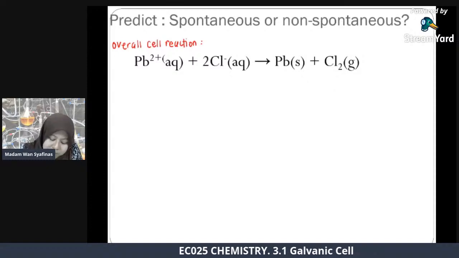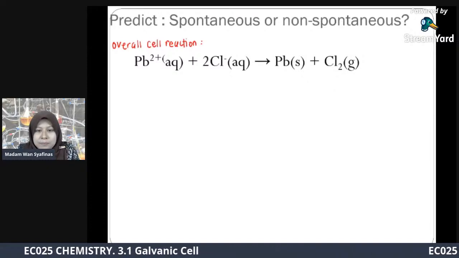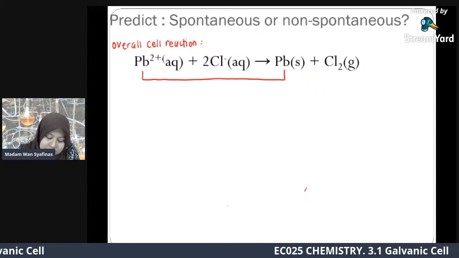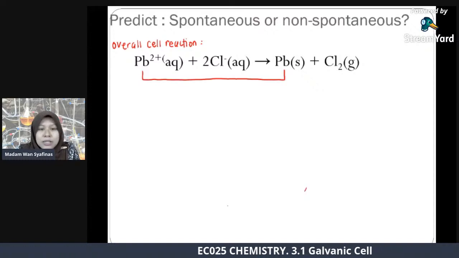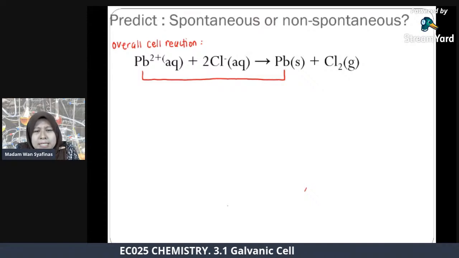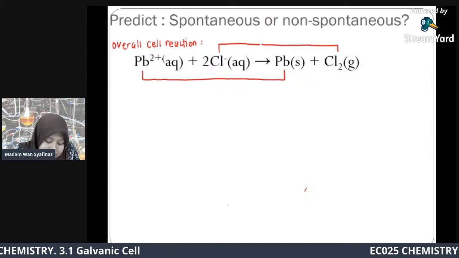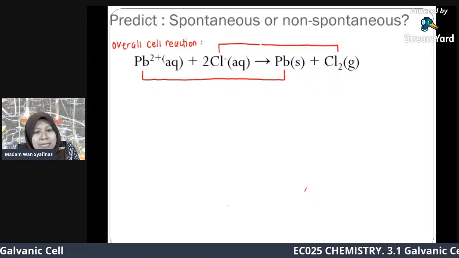Kamu ada Pb2 plus, ni pasangan dia, kepada Pb solid. Pasangan yang pertama. Pasangan yang kedua, 2Cl minus kepada Cl2. Pb2 plus kepada Pb solid. Dekat atas ni, yang ni adalah charge, 2 plus charge.